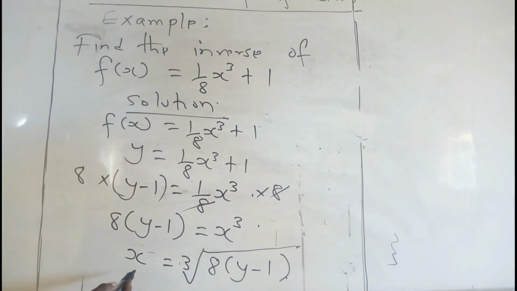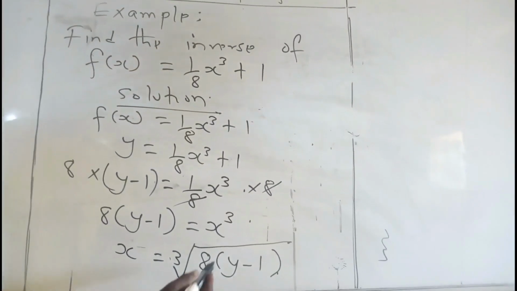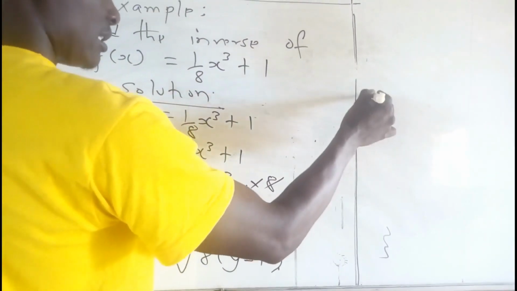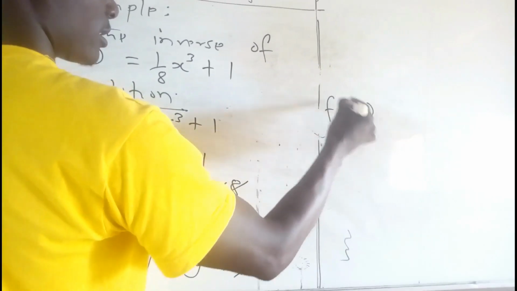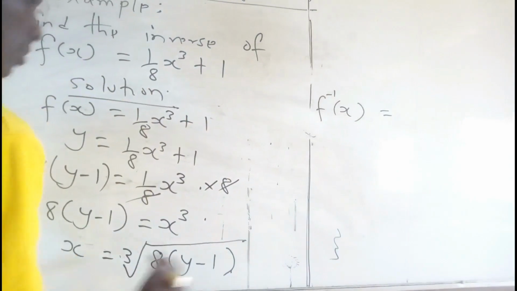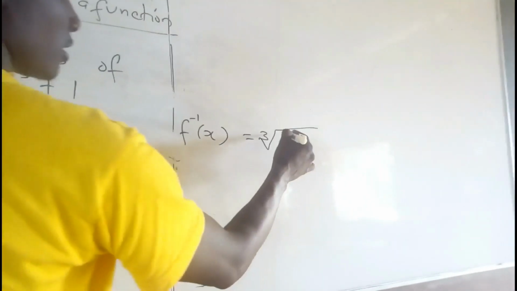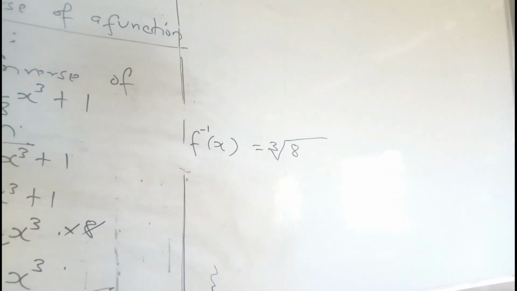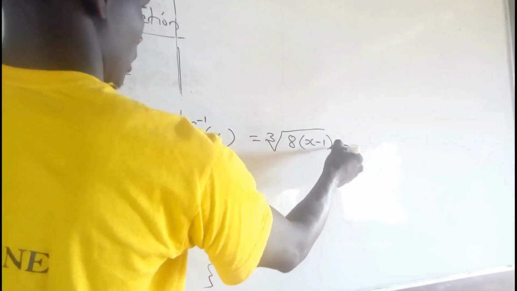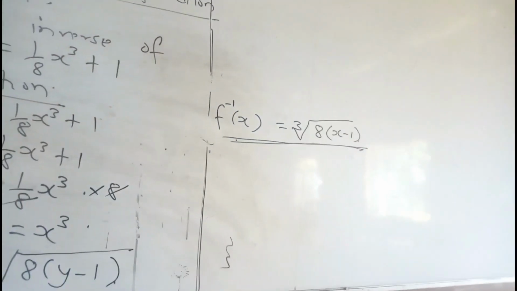When you're writing the inverse of this function, you write it in this form. So this will be written as f inverse of x is equal to the cube root of 8, and then instead of having y, we now replace it with x minus 1. So our inverse will be that.